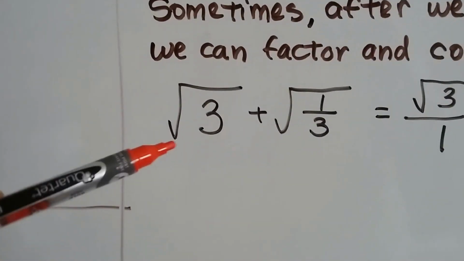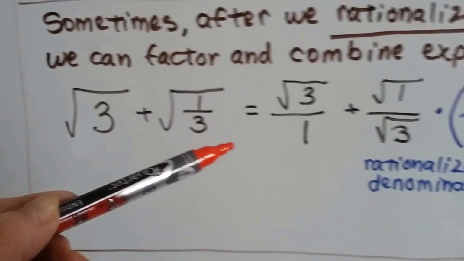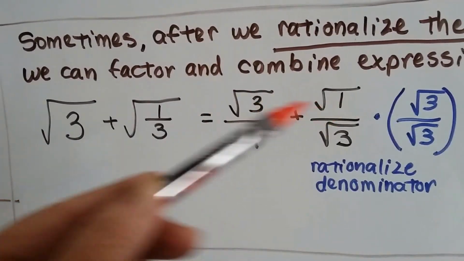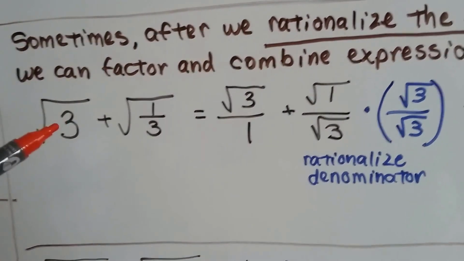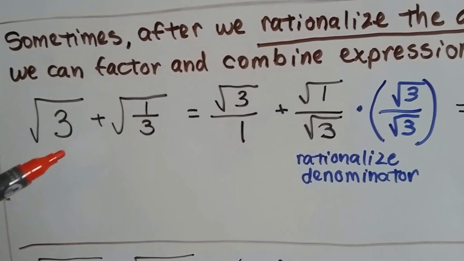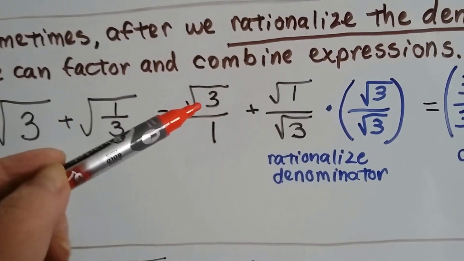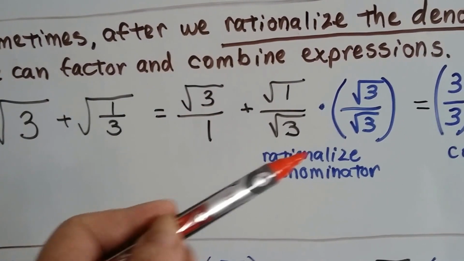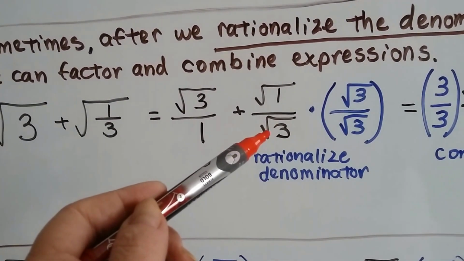So on this one, we've got the square root of 3 plus the square root of 1/3. I can write them both with their own little radical sign, right? So this is basically the square root of 3 over 1, isn't it? It's the same thing. So what we do is we want to rationalize this denominator to remove this square root sign.